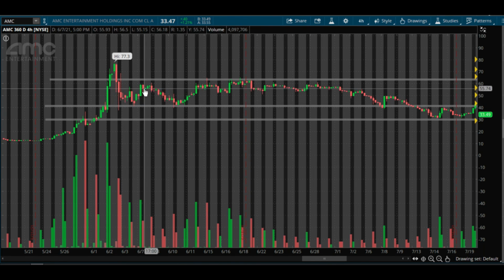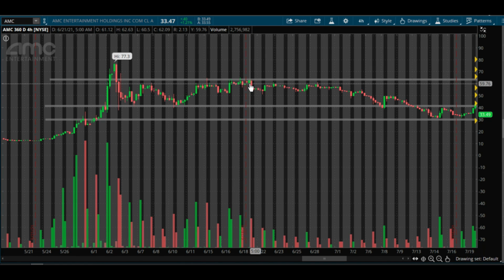And then it bounces right back up, and then it doesn't necessarily touch that area, but then it comes right back down again and it touches this support area, but then bounces right back up, and then finally it touches this resistance area and then comes back down a little bit and then touches it again, and it can't break over that area. So what that means is it's resistance.